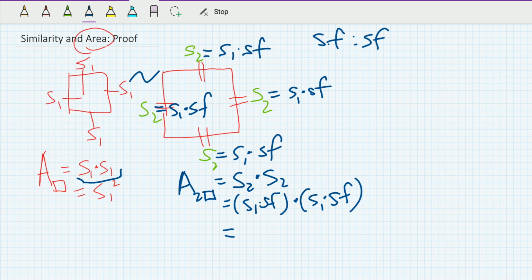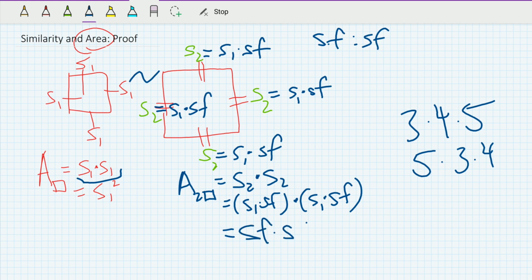If you notice, everything is being multiplied, so that means I can change the order. It's like saying 3 times 4 times 5 is the exact same thing as 5 times 3 times 4. The order really doesn't matter when you're only multiplying. So I'm going to do scale factor times scale factor times side 1 times side 1. All I did was rearrange them.